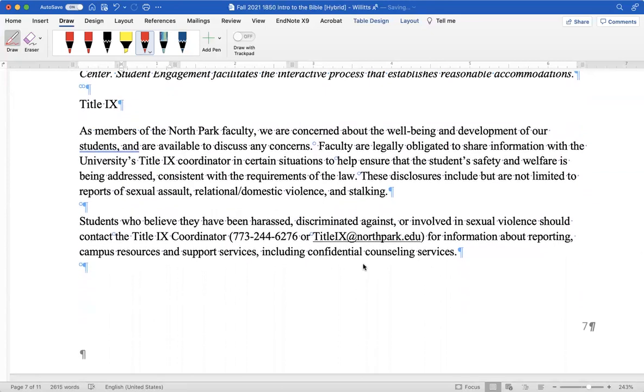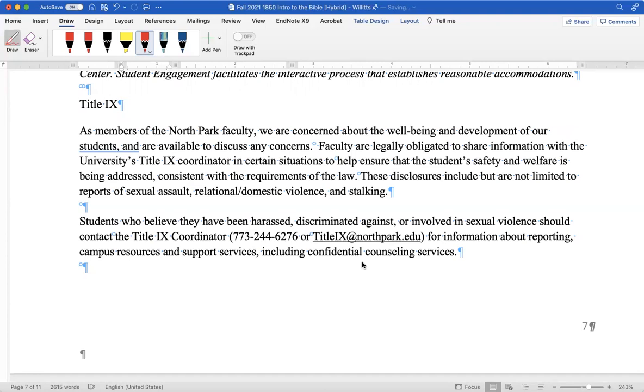Title IX, there should be no discrimination or harassment anywhere around this class, inside the classroom, through discussions, anything, anywhere. I'm not stupid enough to know that it can't happen, but there should be no hint of any kind of harassment.